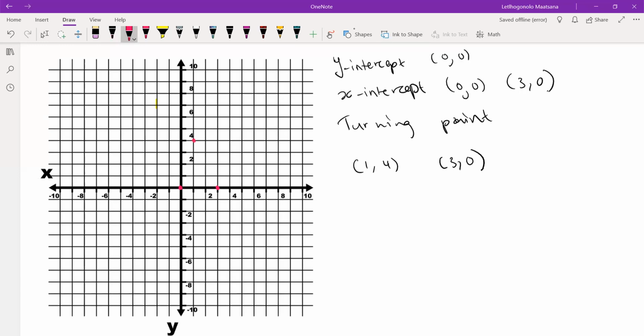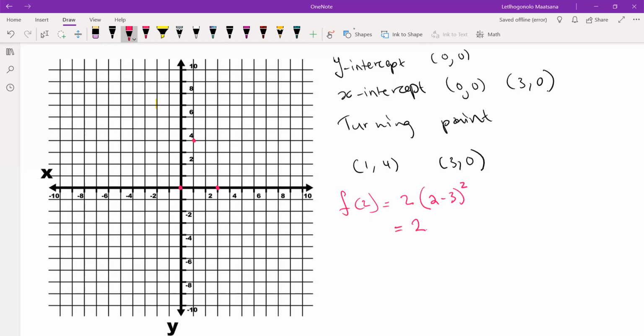Let's also remember there's a point of inflection at 2. Let's actually find the value. So we have 2 times (2 minus 3) squared, giving us 2.